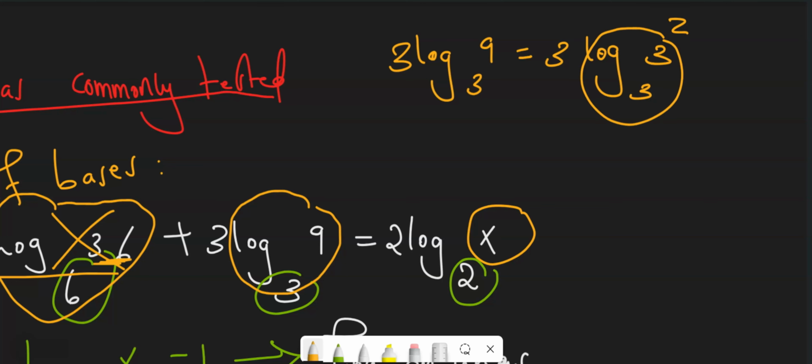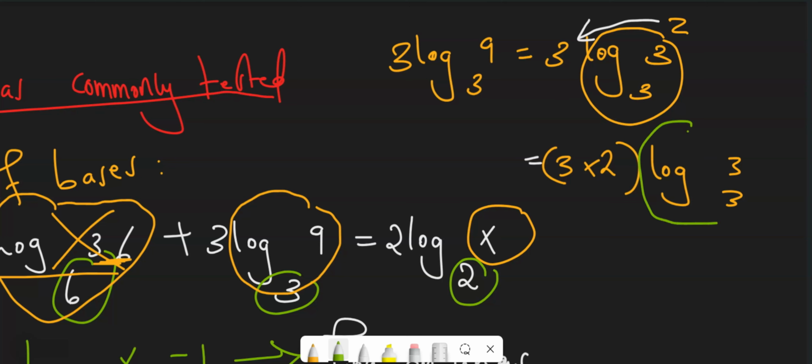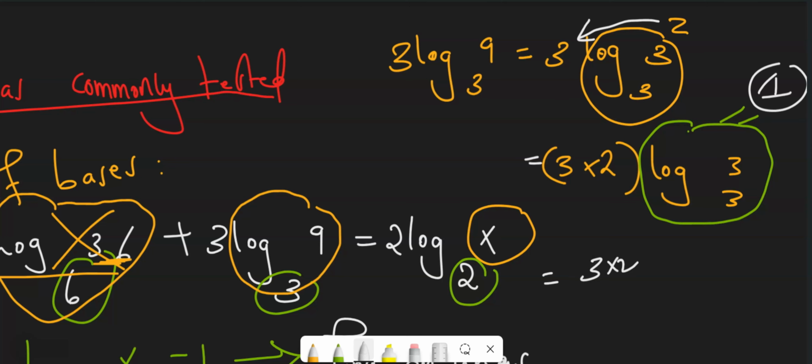Again, as we said, this 2 can drop here, to have 3 times 2 log 3 base 3. But as I said before, this whole thing should be equal to 1. So this simply gives us 3 times 2 times 1, which is 6 times 1 to have 6.